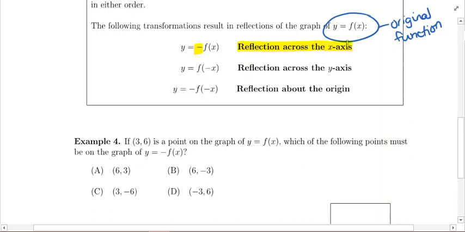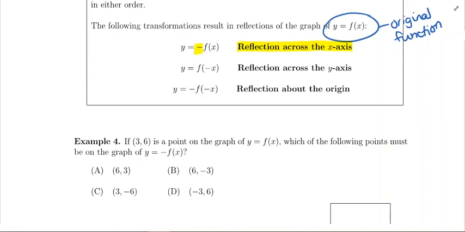So you can see this new set of transformation rules that we're learning are reflections. They involve the original function and negative signs. If the negative sign is out front, the reflection is about the x-axis.